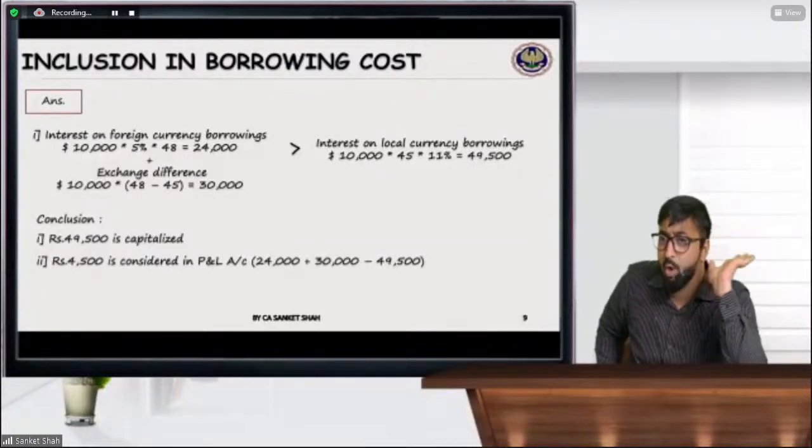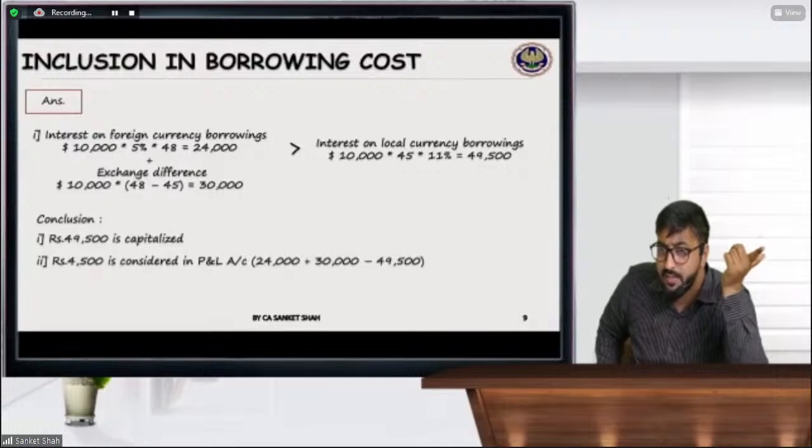It simply talks about if you have taken a loan from a foreign country and you compare it with the local borrowings and it is cheaper, then the total amount will be capitalized. But if it is costlier than the Indian currency, in that case, the amount to the extent of Indian local borrowings will be capitalized and the remaining balance is transferred to the profit and loss account.